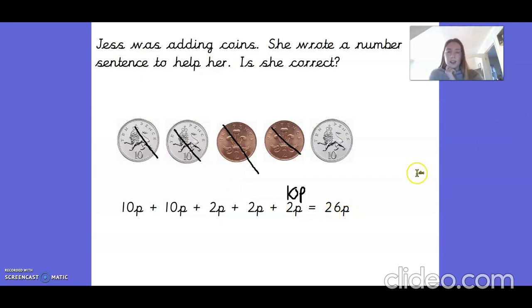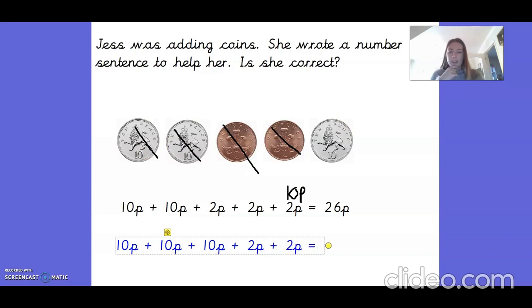What do you think that it equals? What is the total amount? Let's have a look. So we can start with all the 10p coins together. So let's do 10p, add 10p, add 10p, because I can see there are 3 10p coins, add 2p or 2 pence, add another 2 pence coin.